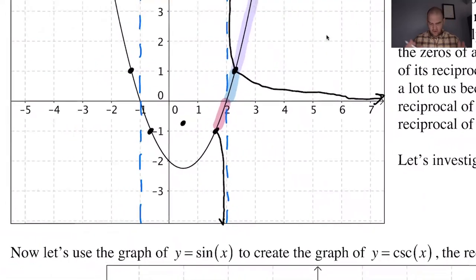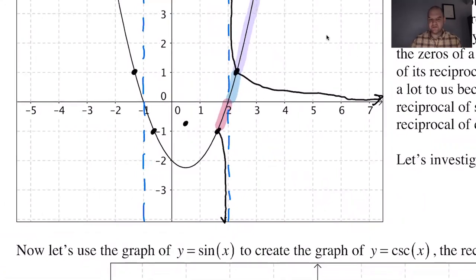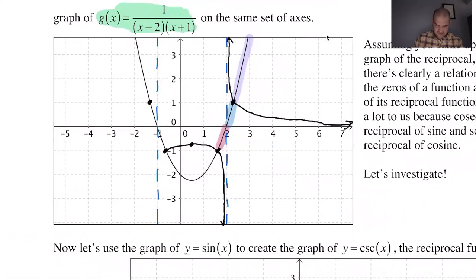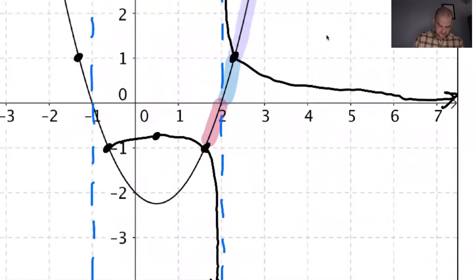And then you can start to just fill in the blanks. So here, we're just going to connect like this. Here, we're just going to connect like this. Now on this interval, I guess I can use the same color.